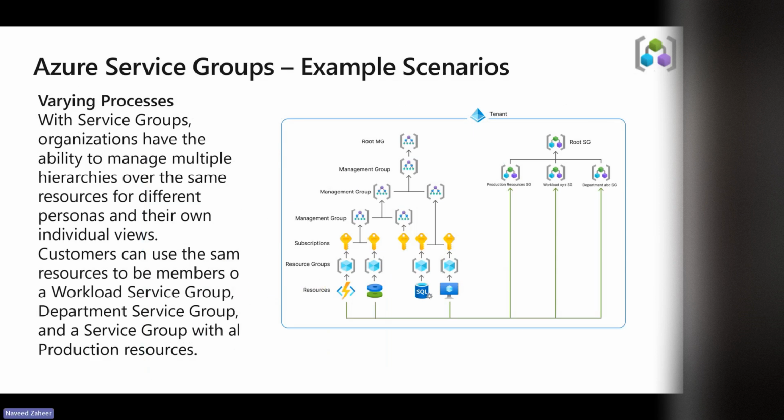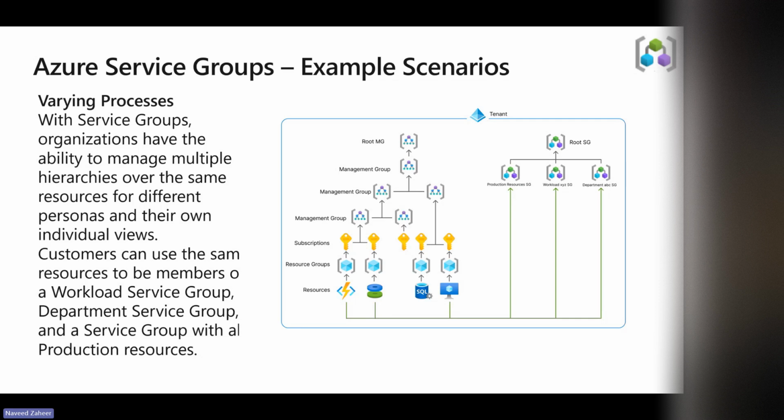Okay. And then you have organizations which have a different process. They have different applications with resources spread across subscriptions, and they need to create these service groups so they can pick these resources from subscriptions and resource groups and combine them. Like you have departments that have resources, and certain workloads that have resources spread across subscriptions, all of that.